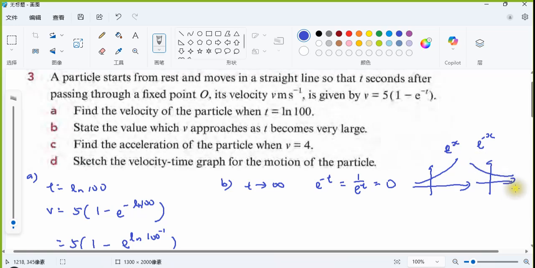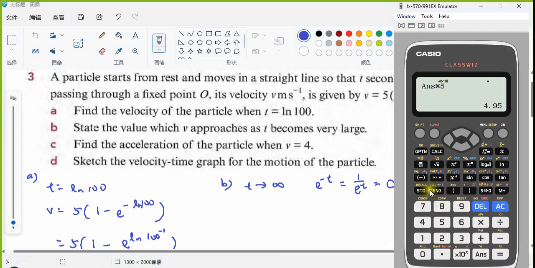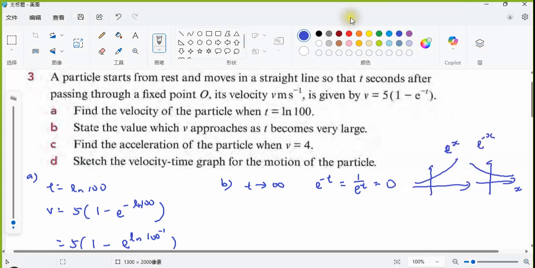When x approaches infinity, e to the power negative x will be 0. We can also try with the calculator: when we substitute 100, it's already a very small number. If I have 1000, then it's 0. So it will approach 0. So v will be 5 times (1 minus 0), then it will be 5.